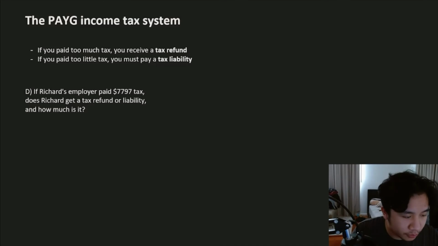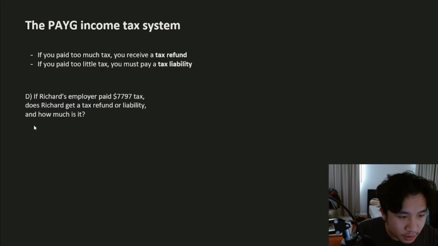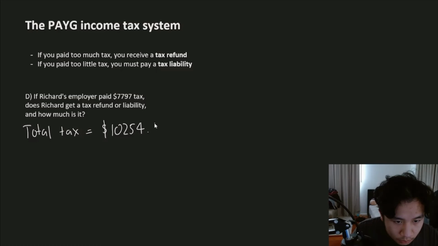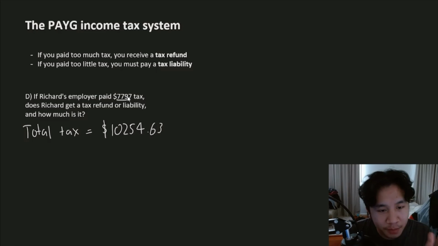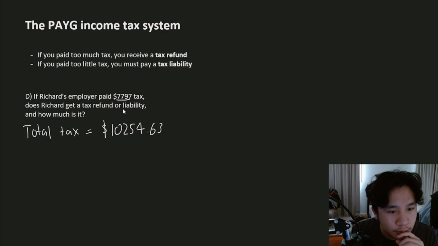So we worked out from before that the total tax he was supposed to pay was this amount. Richard's employer paid this much. So he's actually paying under, because he's supposed to pay 10,000, but he paid 7,000.